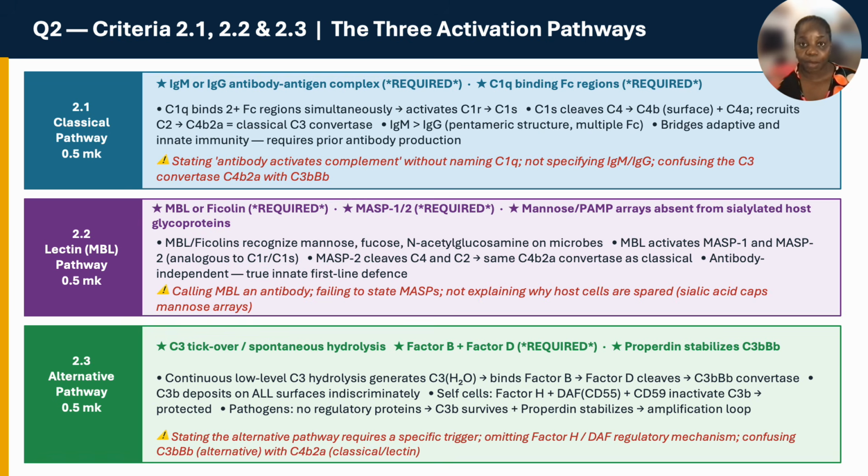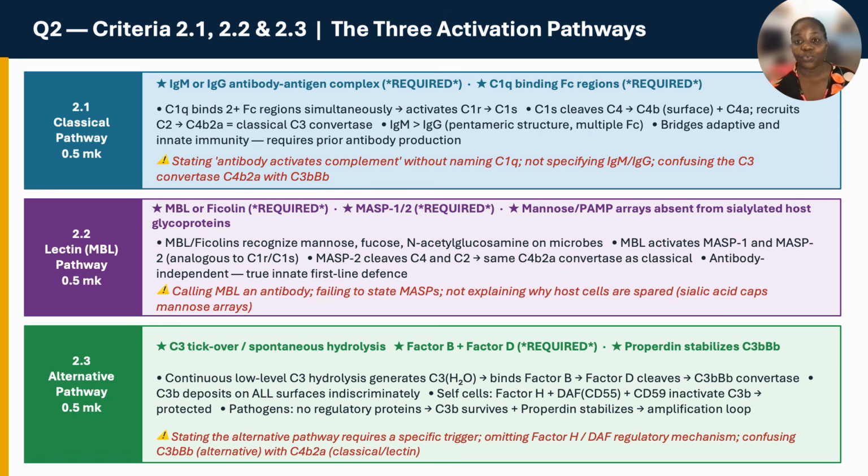So in the classical pathway, the two required terms that should appear in your script for you to have the 0.5 at least are IgM or IgG as the trigger of the classical pathway. But not only do you need IgM or IgG, you also need C1q. They are all recognition molecules. So C1q is a recognition molecule.